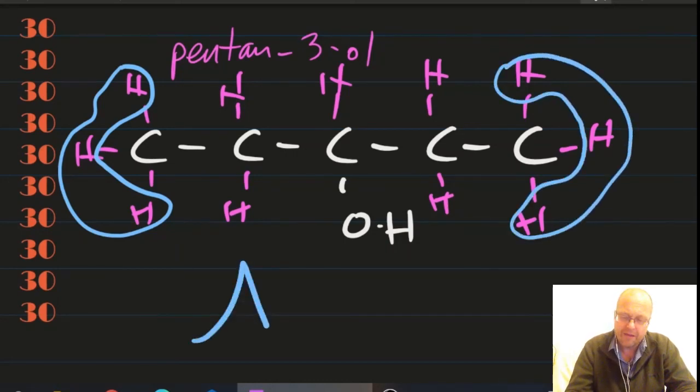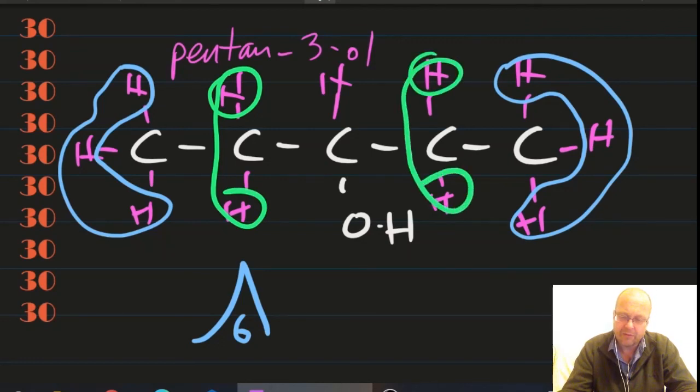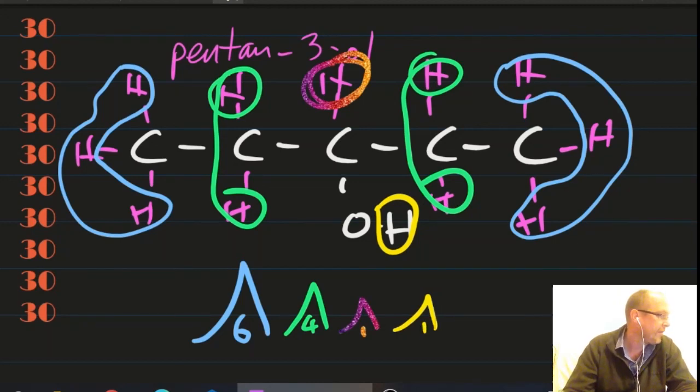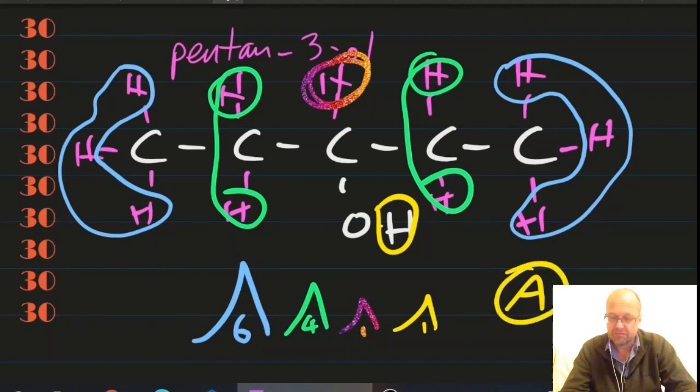So I'm going to have a peak with an area of 6. Then these 2 hydrogens are in exactly the same environment as those 2 hydrogens. So I'm going to have a peak with an area of 4. This one's unique, so a peak of 1, and that one's unique with a peak of 1. So I think it's going to be 6411. A, 30A. That was easy. We're done.